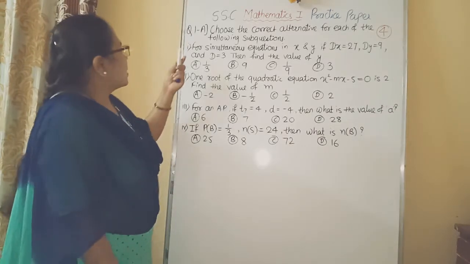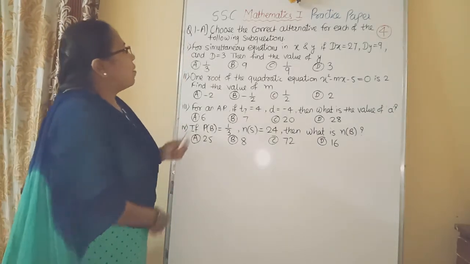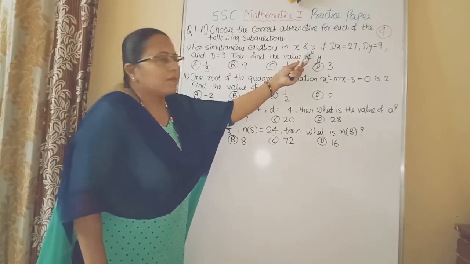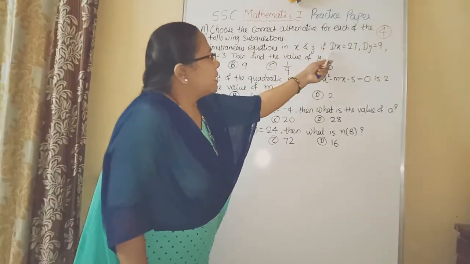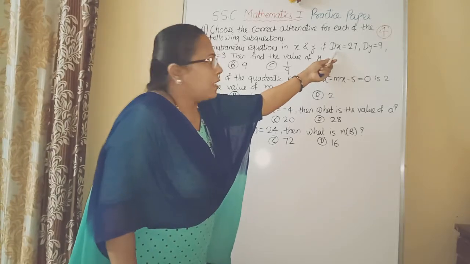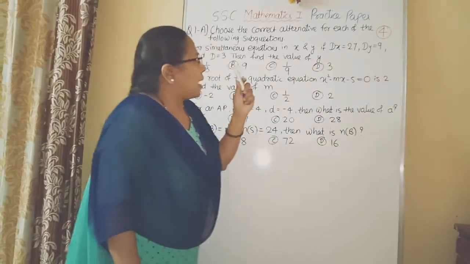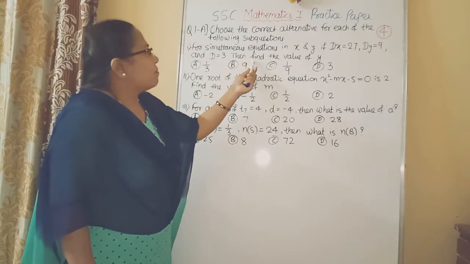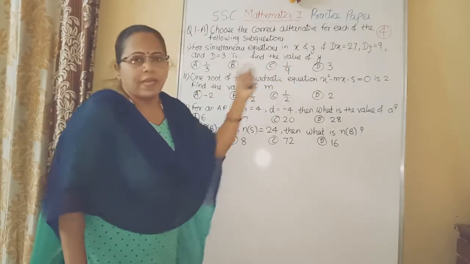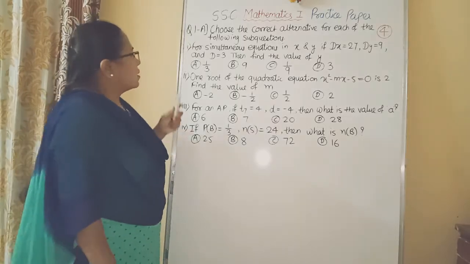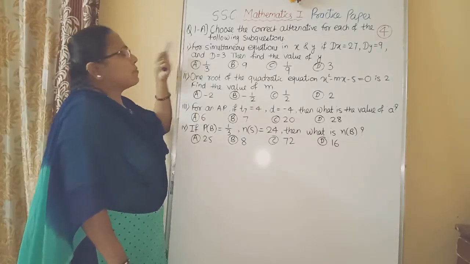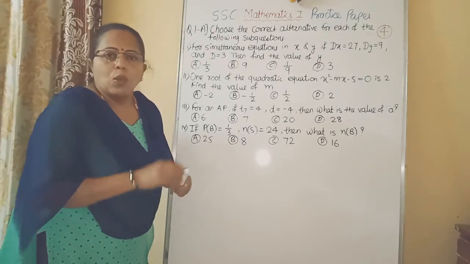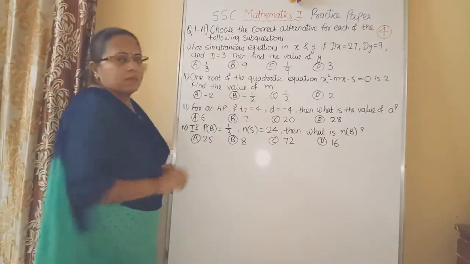The first question is: for simultaneous equations in x and y, if Dx is equal to 27, Dy is equal to 9 and D is equal to 3, then find the value of y. Students, while writing this question number 1A, MCQ based question, no need to write these questions.